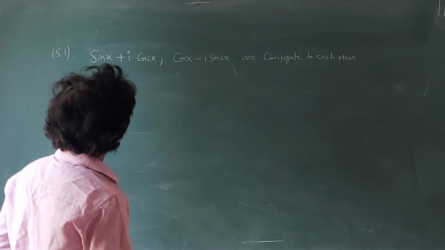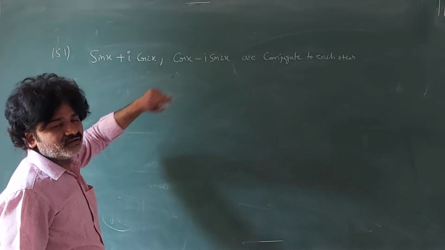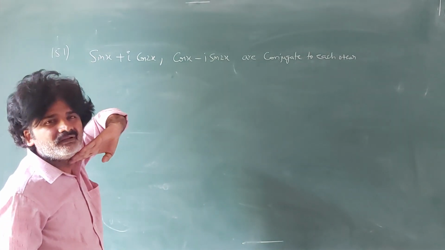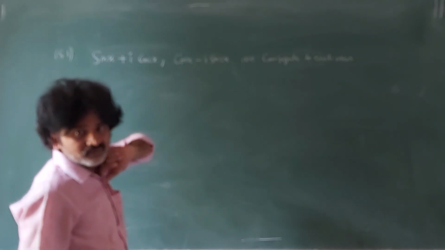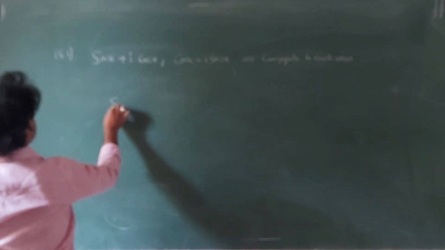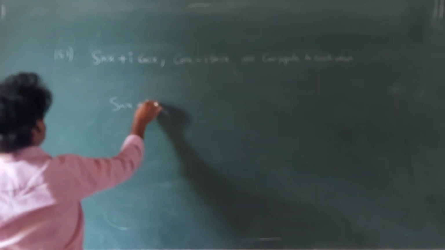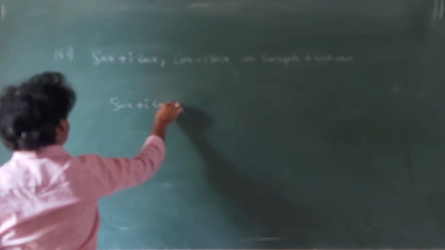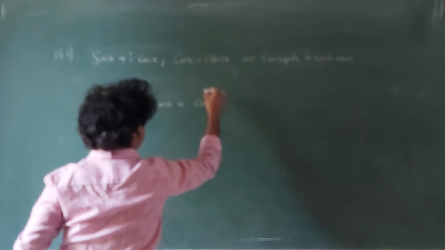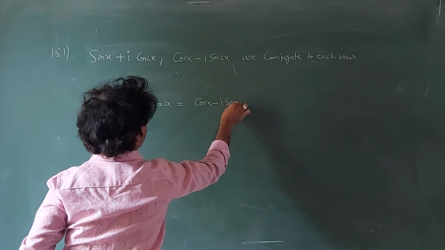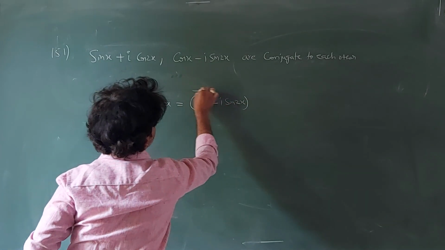Okay? See, if these two are conjugate to each other, what is the conjugate of a plus ib? It is a minus ib. If these two are conjugate to each other, it means the first complex number is equal to the conjugate of the second.